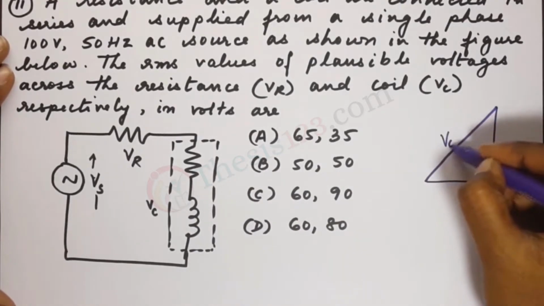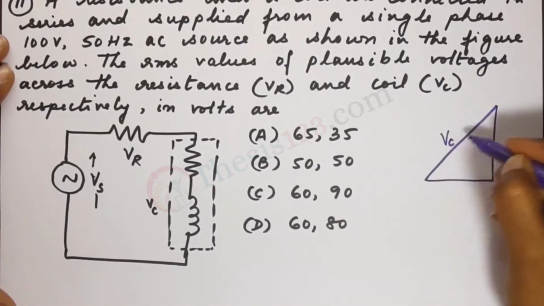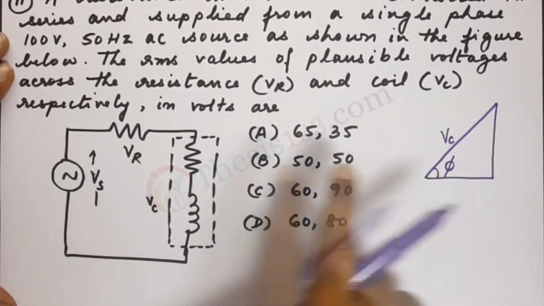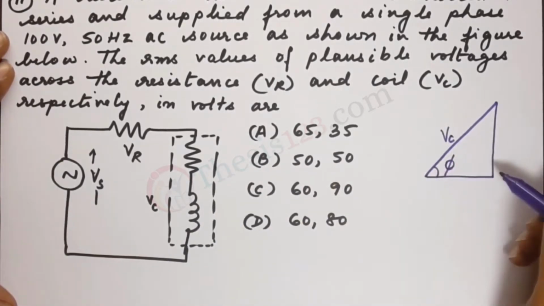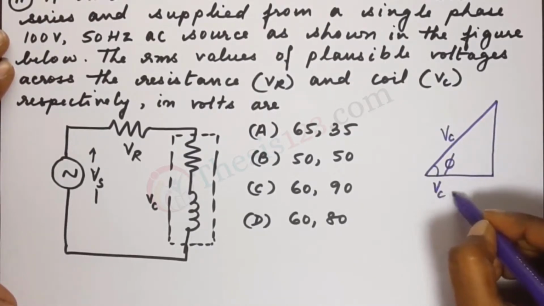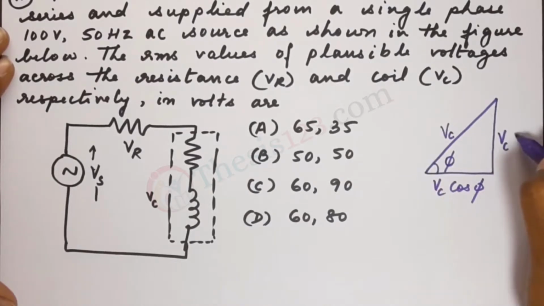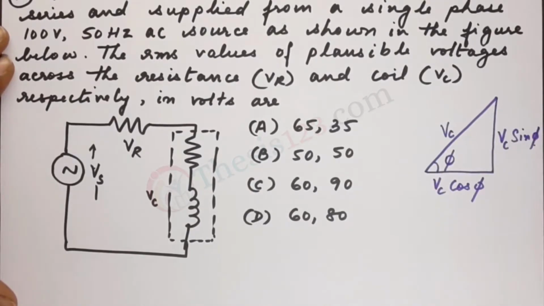So VC is our hypotenuse. The angle phi denotes the angle at which the source is running. So our horizontal component is VC cos phi. Our vertical component would be VC sin phi.